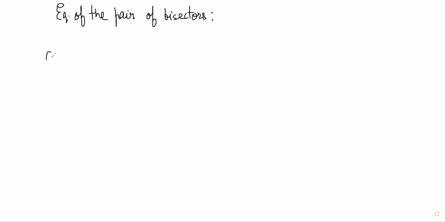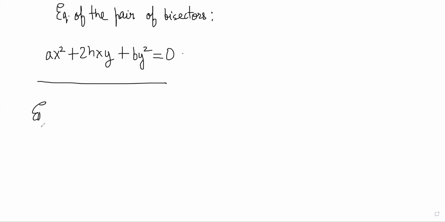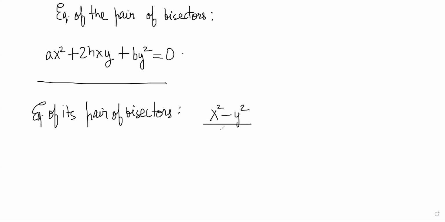So if I have my normal straight line equation like this, ax square plus 2hxy plus by square is equal to 0, then the equation of its pair of bisectors will come out to be x square minus y square by a minus b is equal to xy by h.